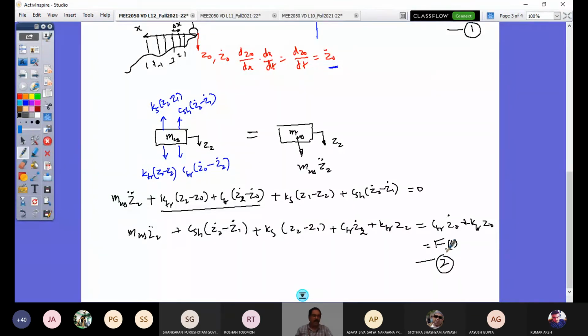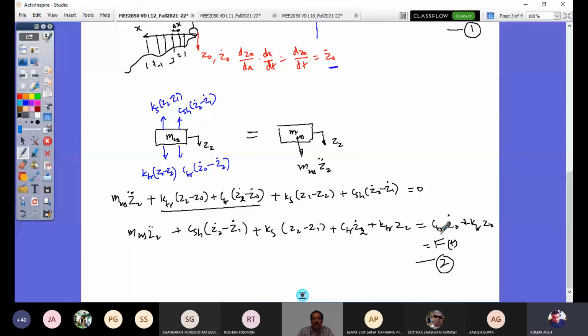In this, Z naught is the elevation of the road surface profile, and Z naught dot is the product of the slope of the elevation at the point multiplied with the vehicle velocity. Sir, can you mention in the notes itself what Z0, Z1, and Z2 stand for?